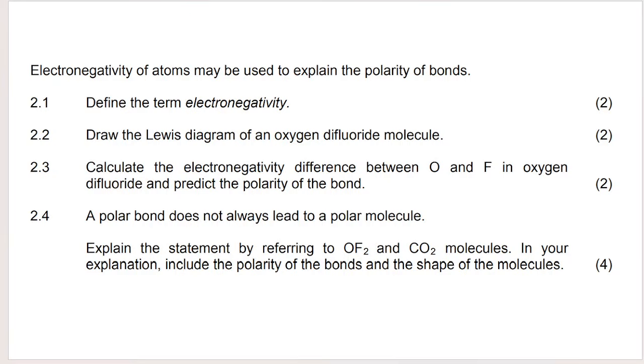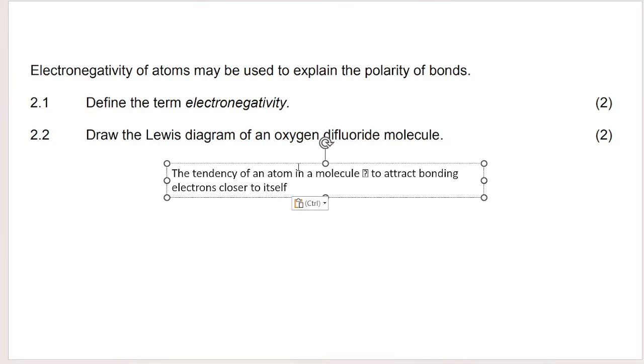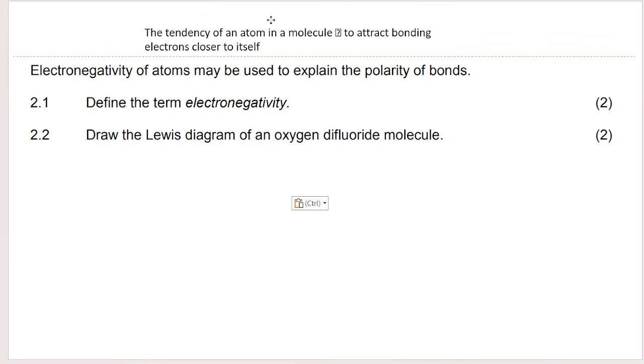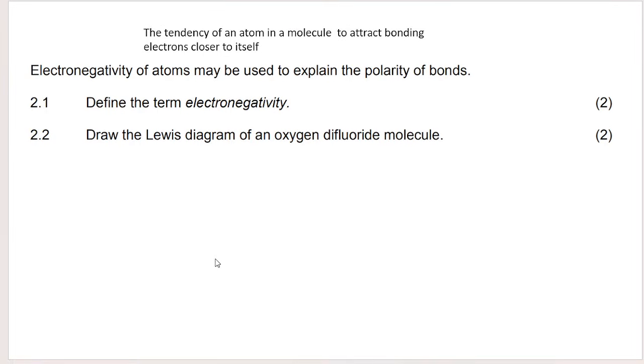First of all, define the term electronegativity. Now, just remember what I said about definitions. They are very, very important, and there's the definition of electronegativity. It is the tendency of an atom in a molecule to attract bonding electrons closer to itself. So if you have a higher electronegativity, it means that when bonded covalently, you pull those bonding electrons closer to yourself.